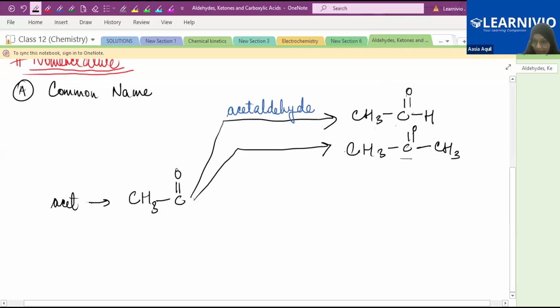But what about the common name? Commonly it is known as acetone. For ketone we use the suffix one, and this CH3CO group is known as acet group. So this is your acetone. Commonly this compound is known as acetone.